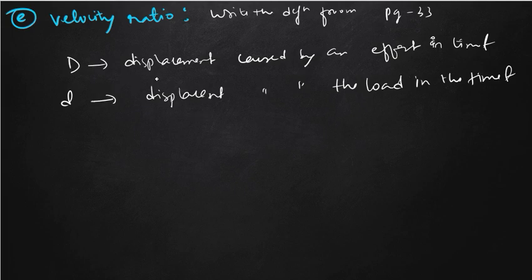So capital D is the displacement caused by an effort and small d is the displacement caused by the load.